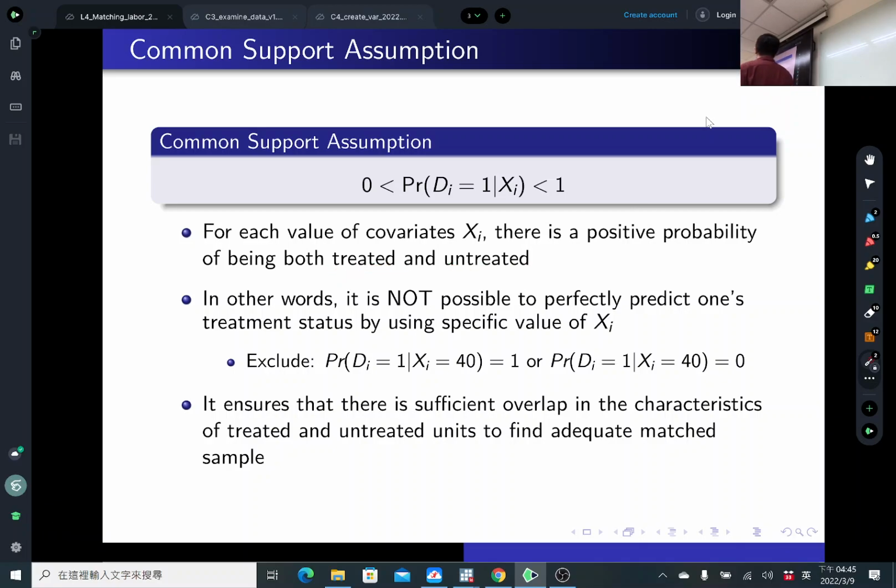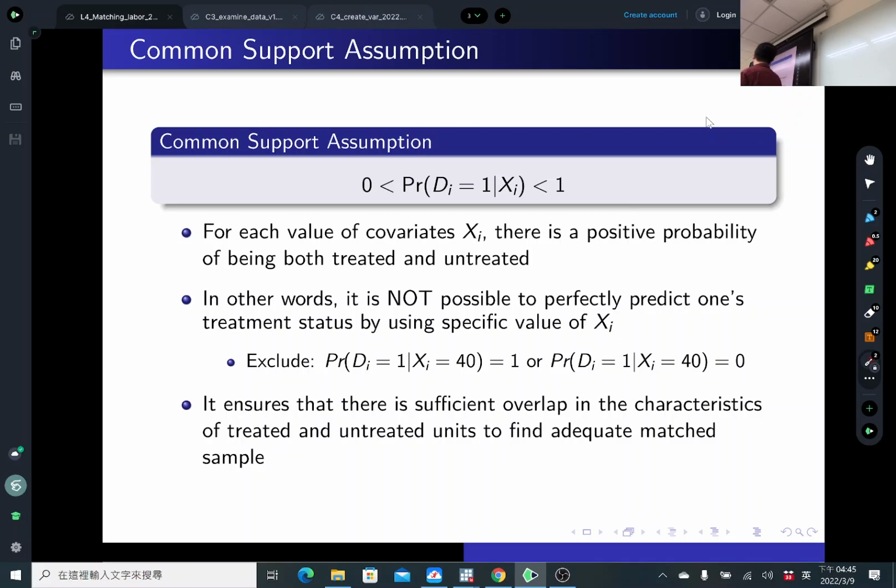You cannot have a sample where, for example, at age 40 you only have the treatment group and no control group. If that happens, you do not find any people from a control group who are age 40 that can help you match the treatment group.